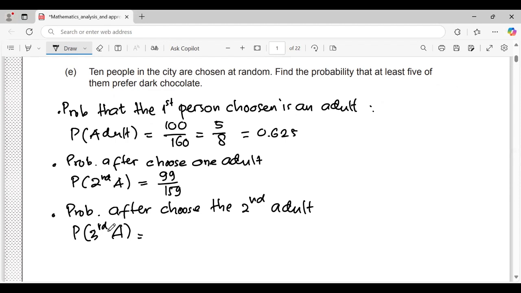So the probability that the third person is also an adult is 98 over 158.